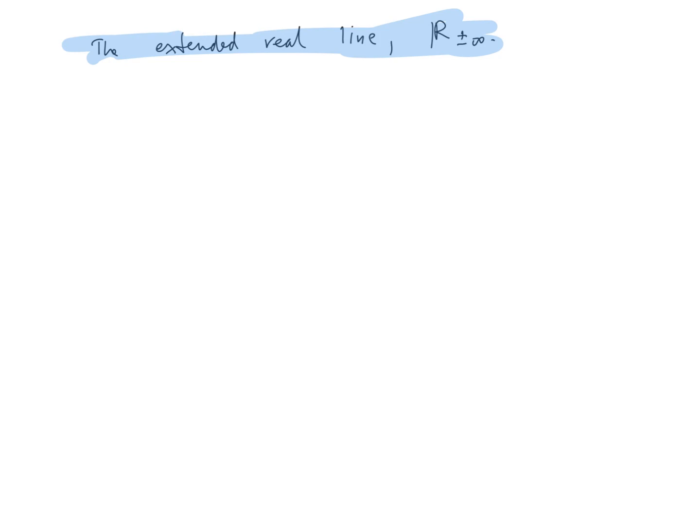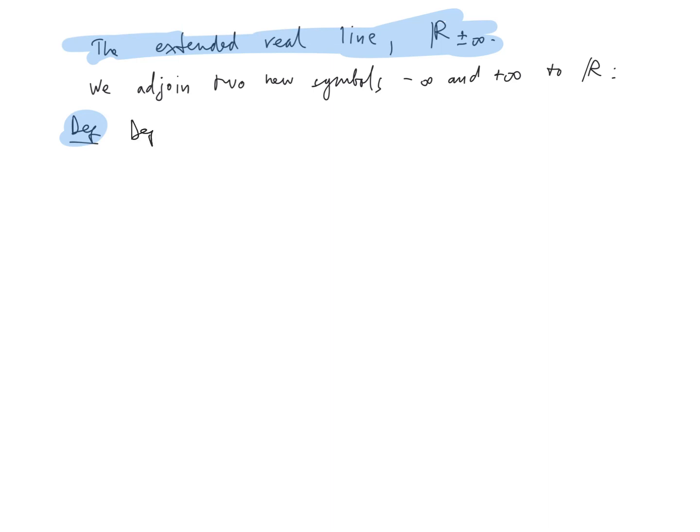The aim is to introduce a new piece of notation, namely, we're going to join two new symbols minus infinity and plus infinity to the set of real numbers R. So for this we have the following definition.